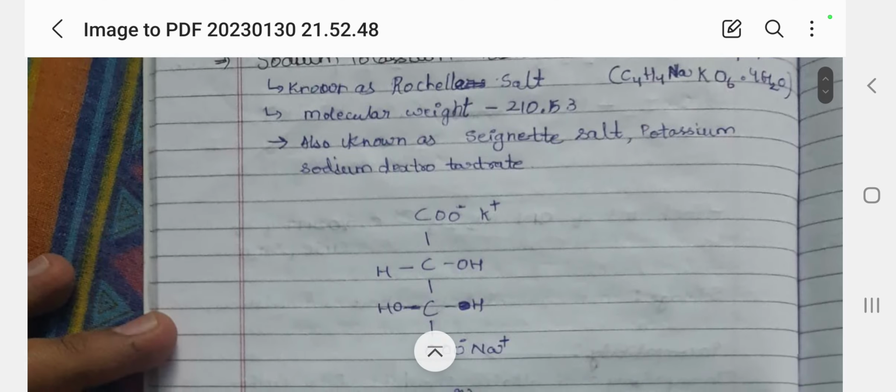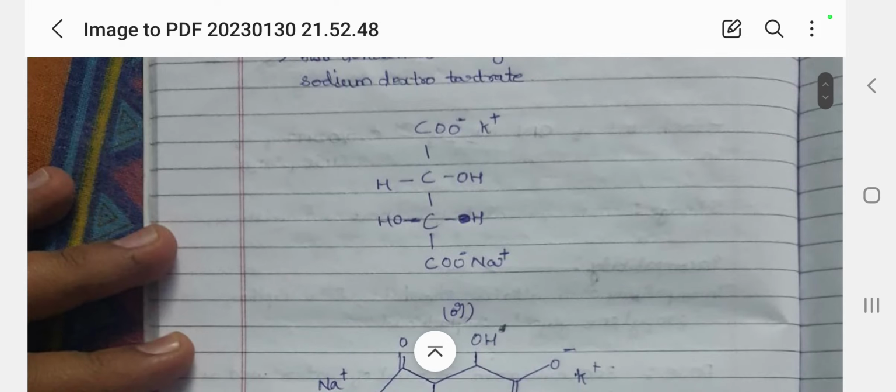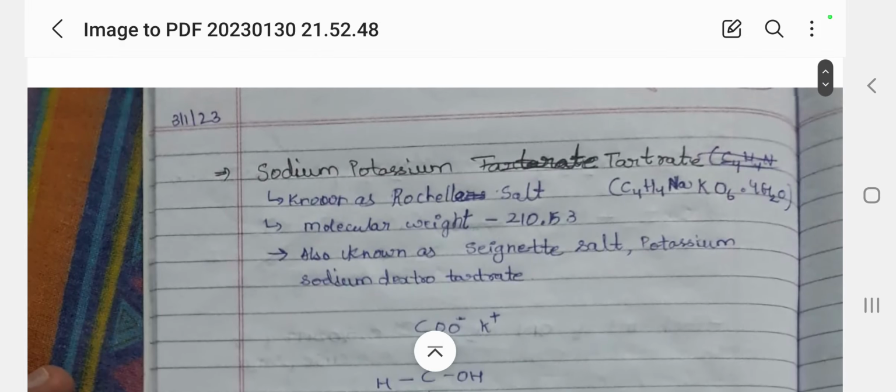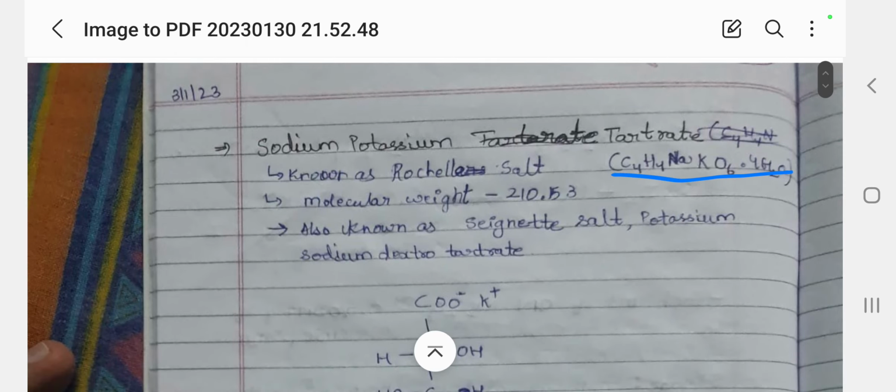We may write it in the format as well, like we already discussed, what the molecular formula is. And next we'll see about properties.